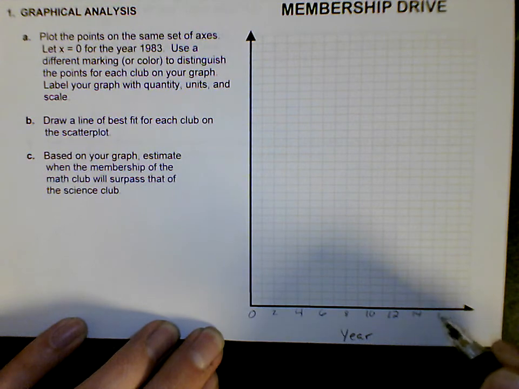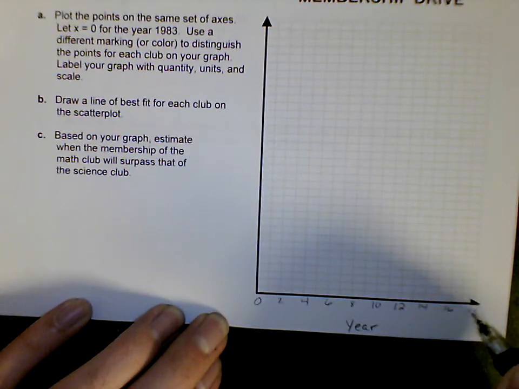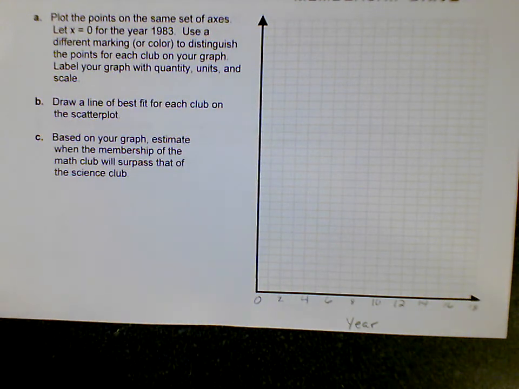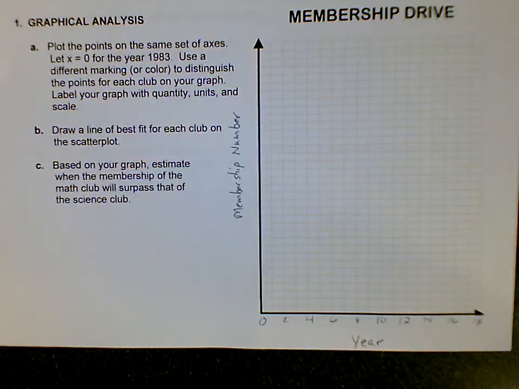And on the y-axis, we are going to have the membership number. Here, I'm also going to start at 0, and I'm going to go by 2. So each square is going to represent 2 instead of representing 1.